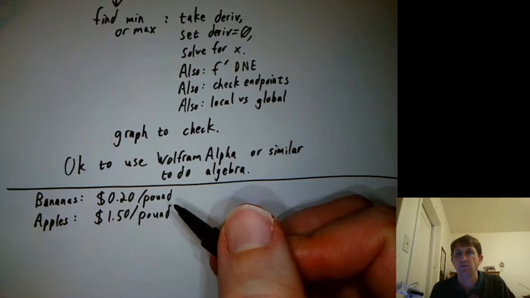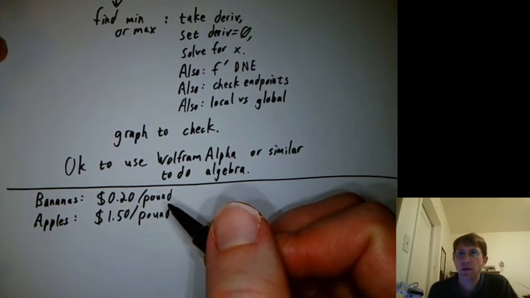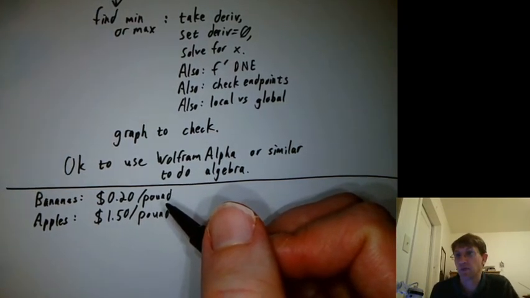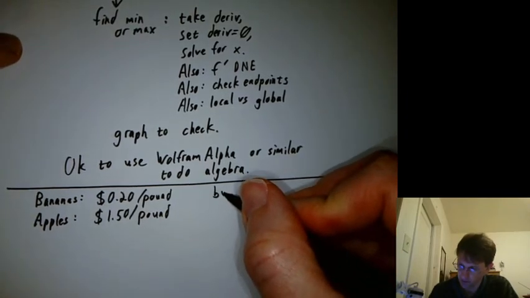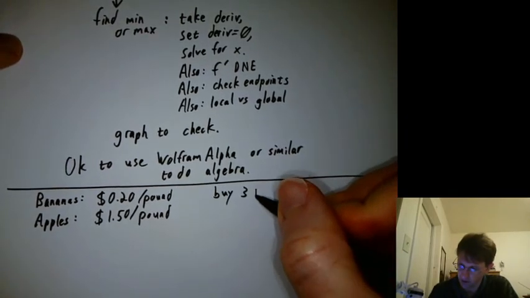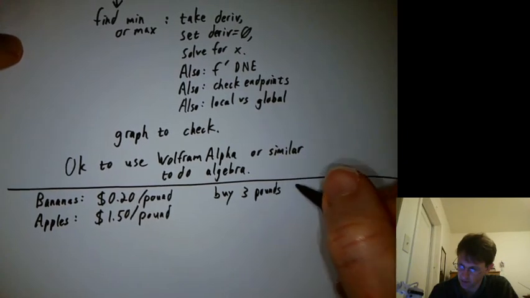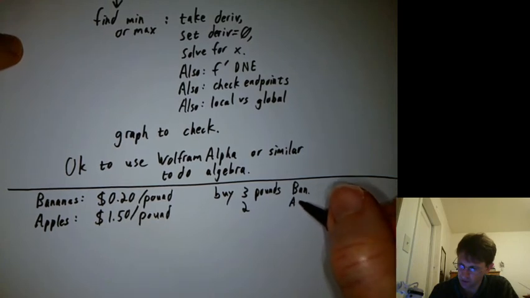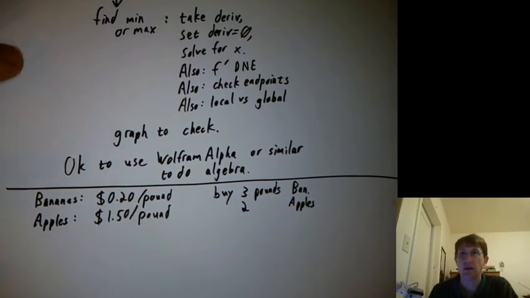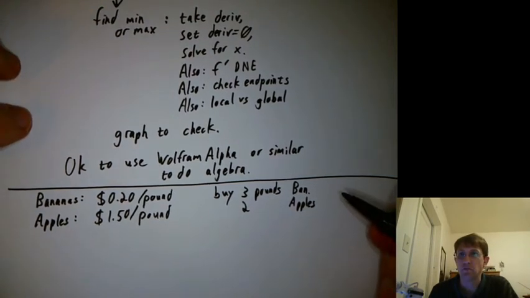And you want to buy, let's say, 3 pounds of bananas and 2 pounds of apples. How much is it going to cost?